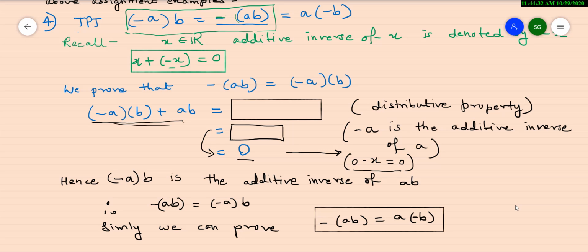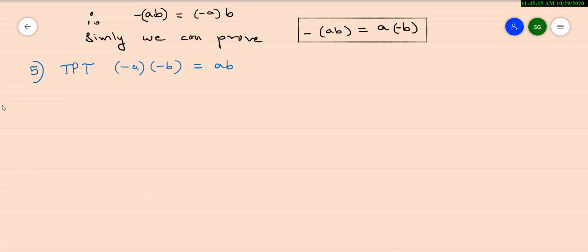Now, the fifth part of the example says that you have to prove that minus a into minus b is equal to ab. Now, here also, I'm trying to give some hints or some steps. So, you start with minus a into minus b.